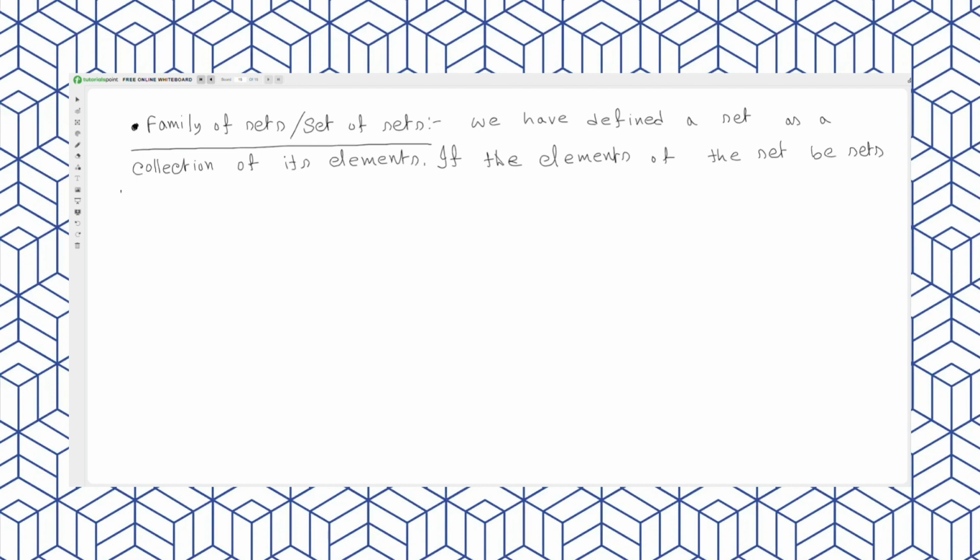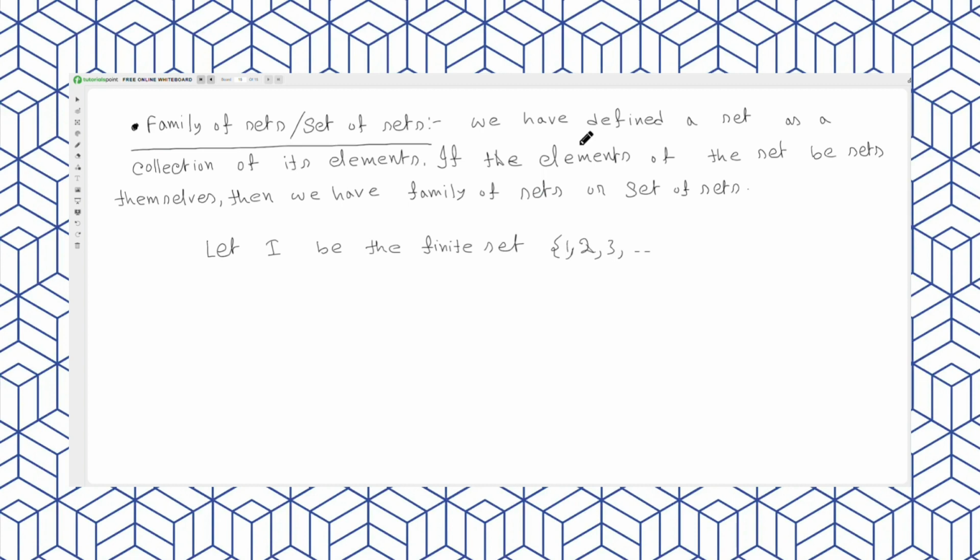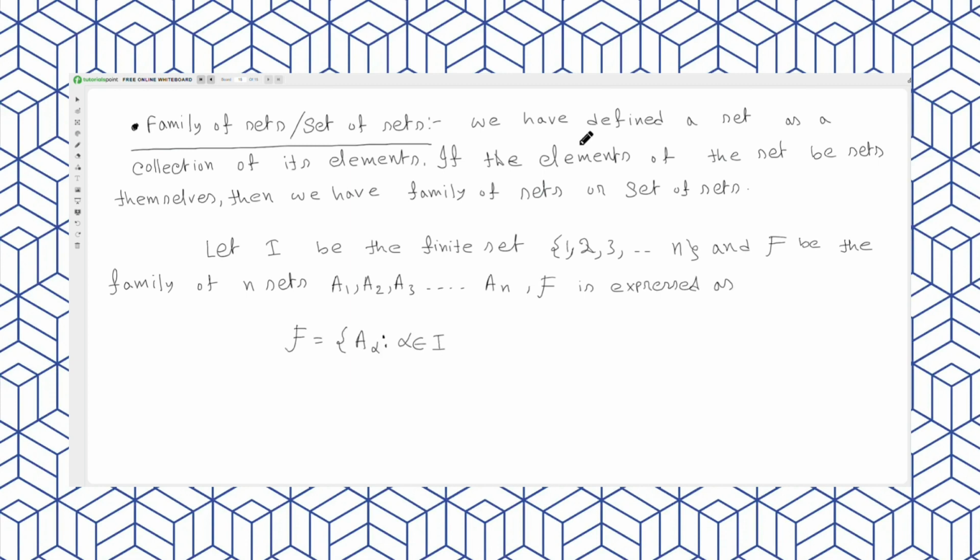In this case, we take an index set denoted by I, a finite set written in tabular form as 1, 2, 3 up to n, and F be the family of n sets, that is A1, A2, A3 and An. Those are all individual sets. So F is expressed in tabular form as A alpha such that alpha belongs to I.